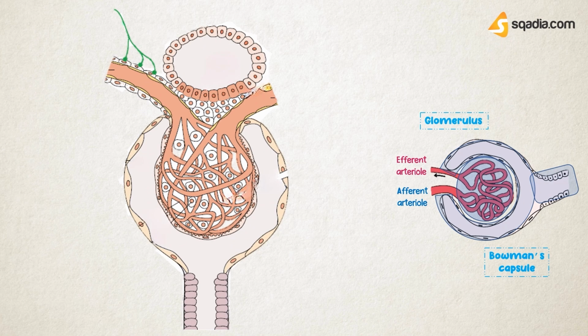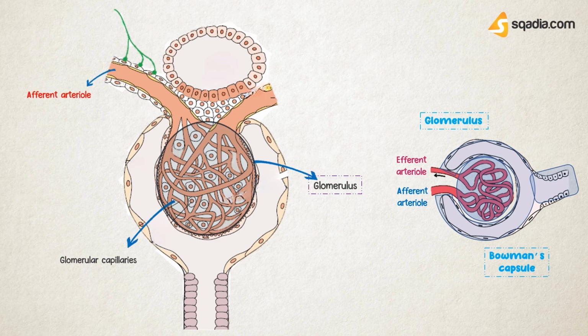Now let's have a detailed look at the structure of the renal corpuscle. This is the glomerulus, which is a tuft of blood capillaries known as the glomerular capillaries. They act as a microscopic filter, and they are constantly filtering the blood. The blood that is about to be filtered enters the glomerulus through the afferent arteriole, which delivers the blood to the glomerulus.